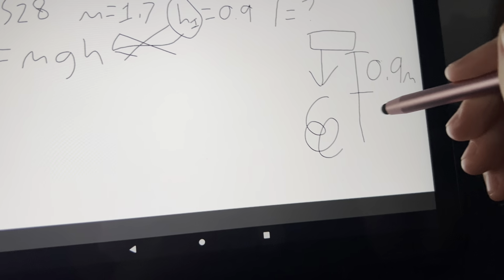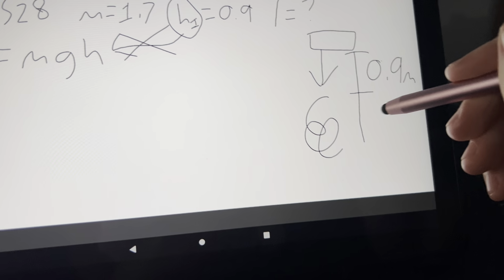And since the book is falling onto the spring, that means that the length is actually included as part of the height as far as this equation goes. So in reality, we do not just have mgh, we more likely have mg, and then instead of h, we have h plus l.